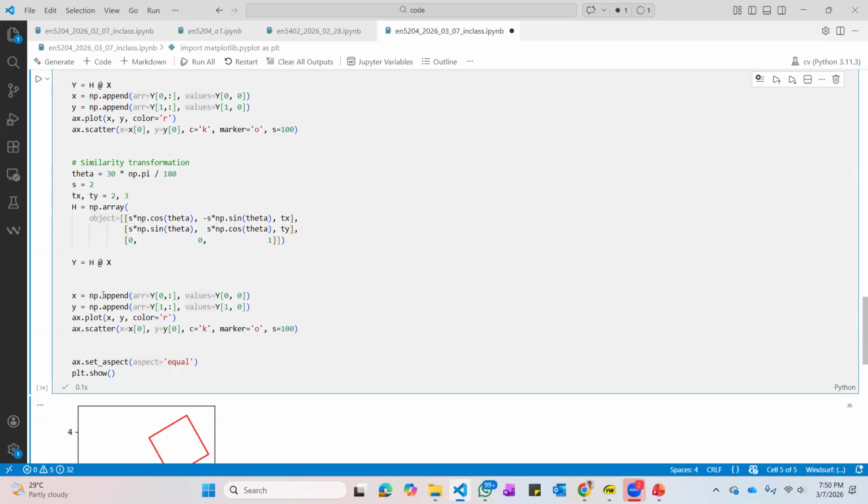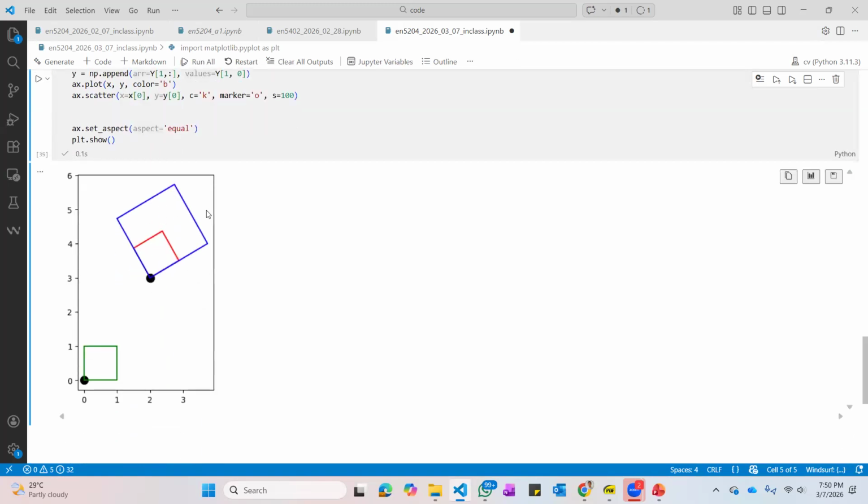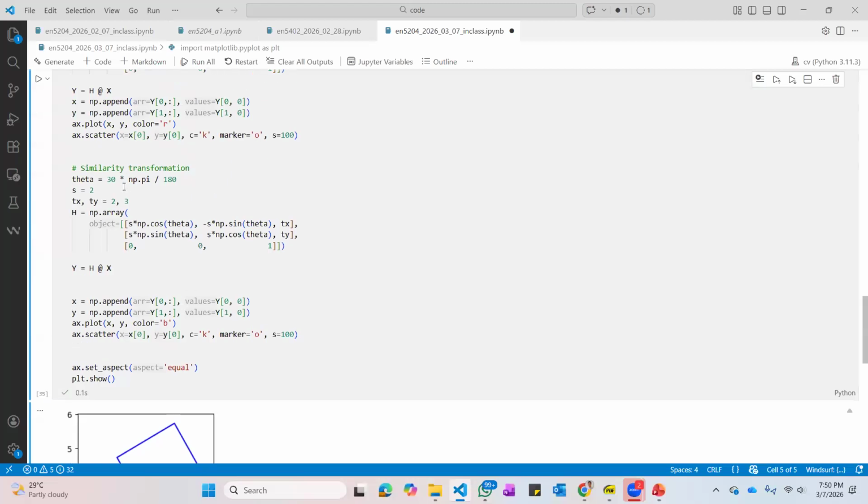Now when you do that and plot it, what color should we use? Red, blue. Okay. So now you can see it has enlarged. The translation is the same, so I'll change the translation so that you can see it properly. Maybe 2 and 1.